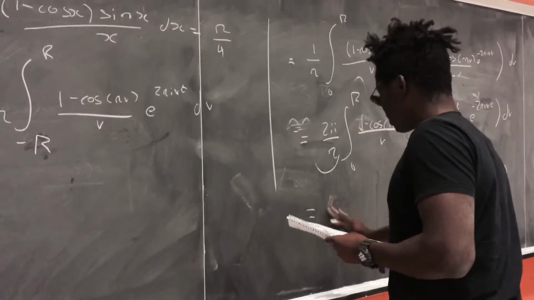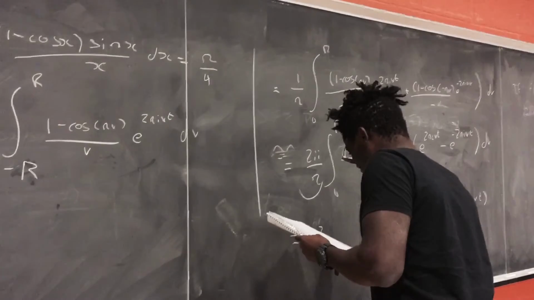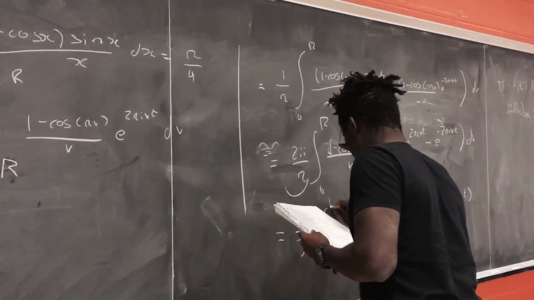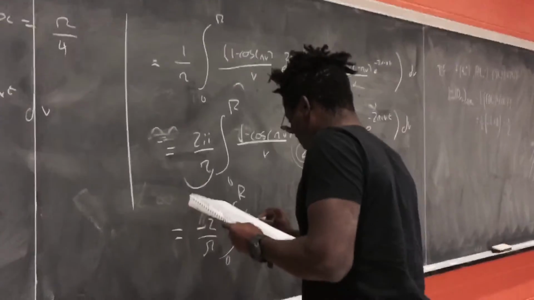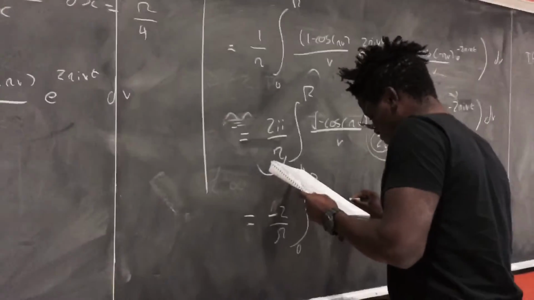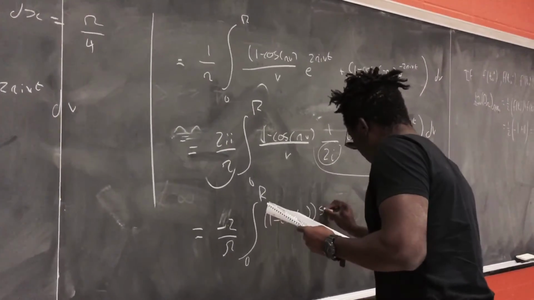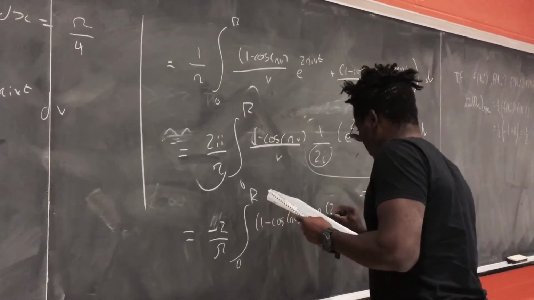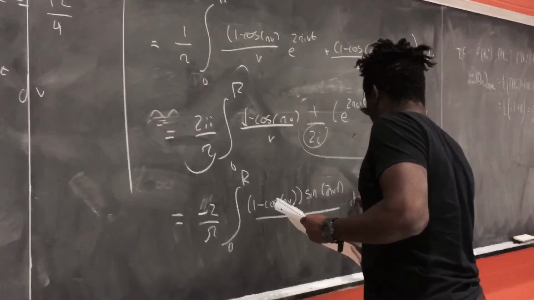Remember, i times i is just -1. Over v dv.